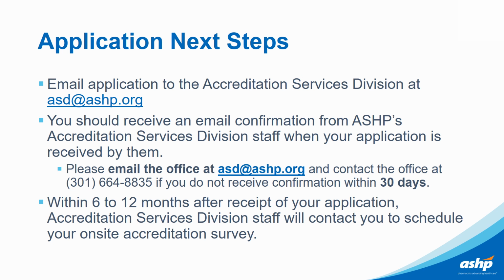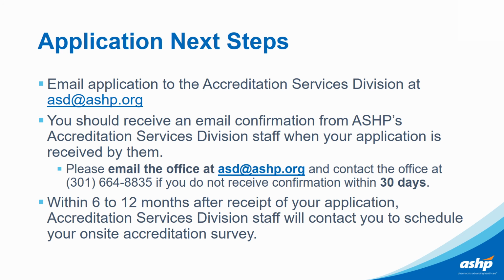To submit your application for accreditation, email your organized, clear, and concise application to the Accreditation Services Division at asd@ashp.org. That's asd@ashp.org. You should receive an email confirmation from the Accreditation Services Division when your application is received.